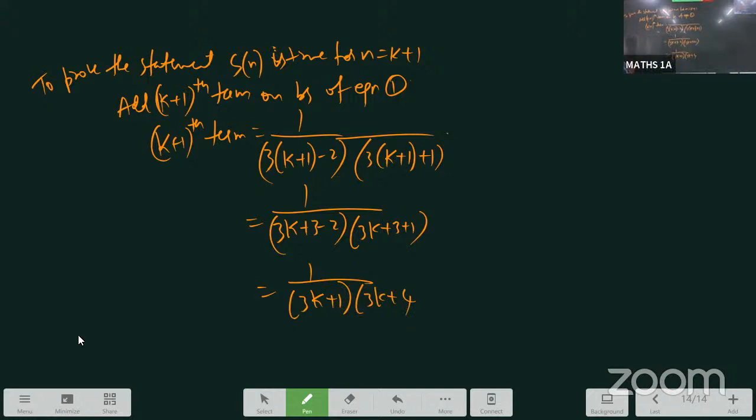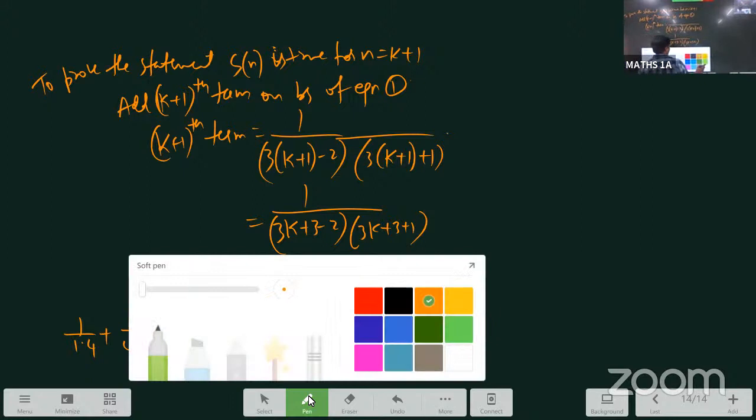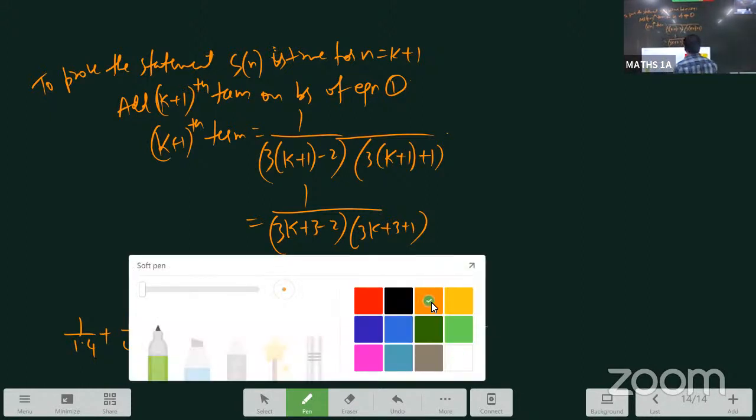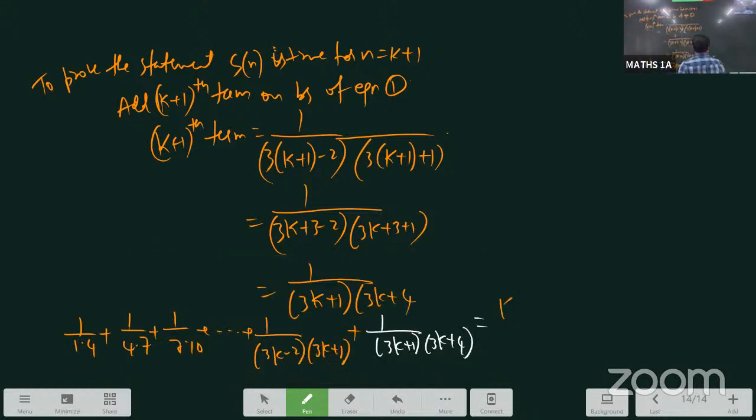What is that? Therefore, 1 by 1 into 4 plus 1 by 4 into 7 plus 7 into 10 plus and so on plus 1 by 3k minus 2 into 3k plus 1 plus, now I'm changing the color, what I'm going to add is 1 by 3k plus 1 into 3k plus 4, that is equal to k by 3k plus 1 plus 1 by 3k plus 1 into 3k plus 4.